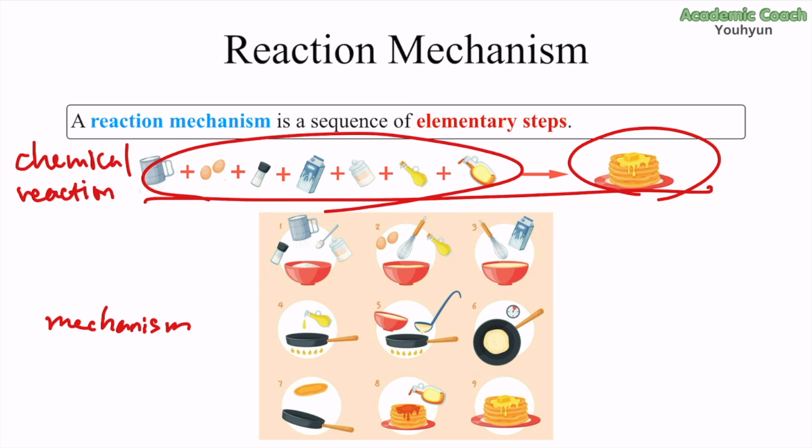On the other hand, for pancake making mechanism, there are 9 elementary steps in total, and for each step, it makes it very clear which 2 or 3 ingredients you are going to use and what you are going to do to those ingredients to eventually make that amazing pancake.